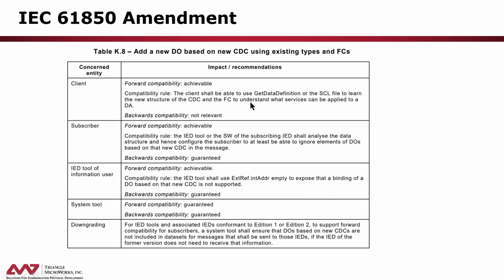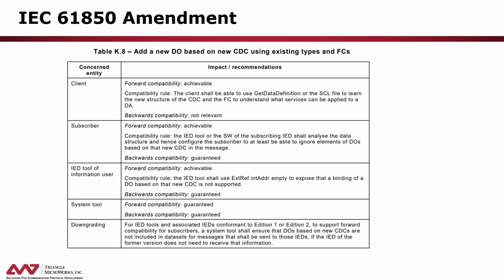As long as I can use the get data definition, which is one of the discovery services in 61850, I can go ask the server what it provides, or I can read the SCL file and interpret the data type templates from the SCL file, and I can learn what that CDC looks like, and I can work with that.